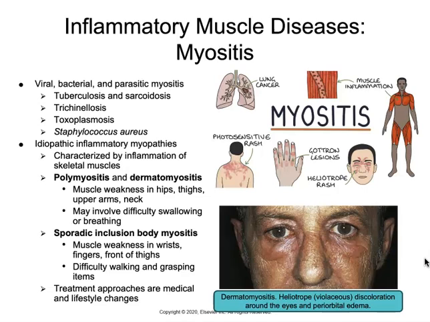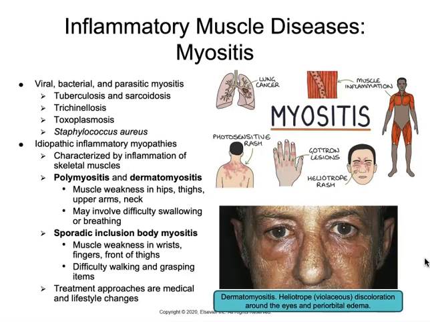So infections that are viral, bacterial, or parasitic can lead to myositis, which is inflammation of our skeletal muscles. Things like tuberculosis and sarcoidosis are going to be chronic inflammatory changes and granulomata that are going to be found in our muscle as well as in our affected tissues.